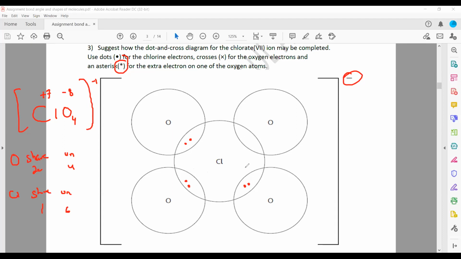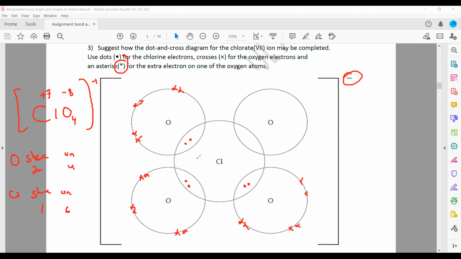And the oxygen, which has 6 electrons, does not share its own electron. Both of the electrons are coming from chlorine only. That's why the total for this oxygen is 8.